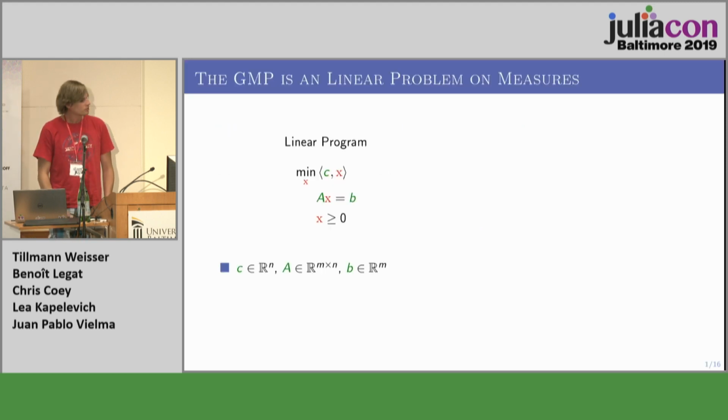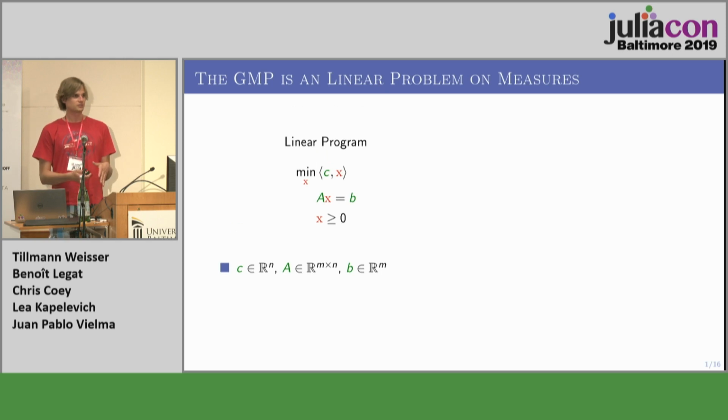A generalized moment problem is basically an LP. I hope that everybody in this room knows LP. You have a vector x, which is entry-wise non-negative, and you want some matrix A times x to equal b, and you want to minimize the scalar product between c and x.